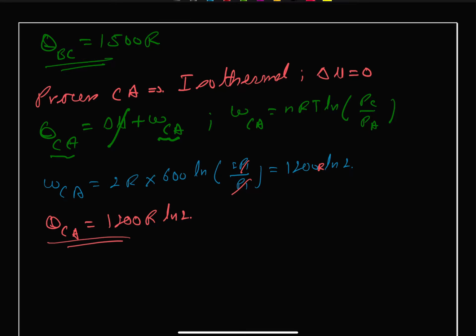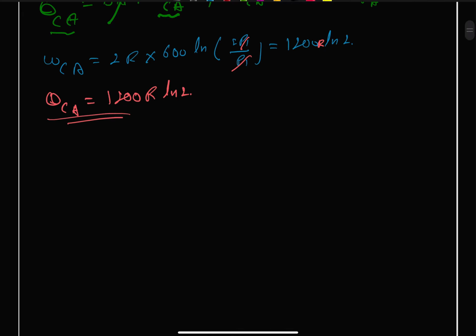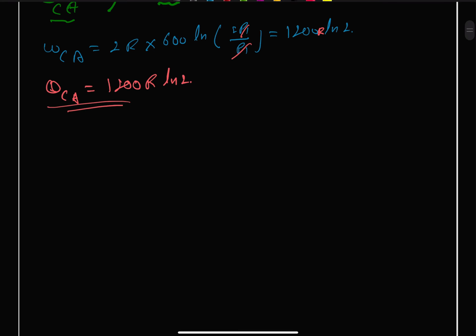And now we come to AB. We can say our process is AB, and for this process we can use the first law of thermodynamics, which says that QAB will be equal to the internal energy plus the work done for AB.